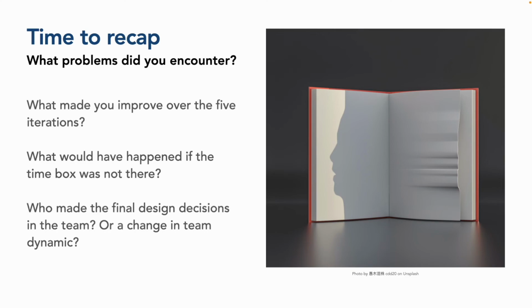So the normal things are to try and overrun the time box and to panic when the time box starts. There's also often a dynamic in terms of 1 or 2 people trying to dominate, and that can, in fact, sometimes even cause some conflict.